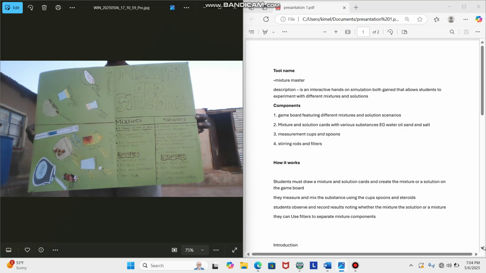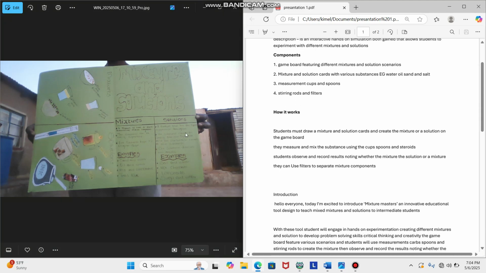So how does this project work? Mixture Master functions in the following manner. Students must draw a mixture and a solution card and then create the mixture or the solution on the game board. We can regard it as a game board where learners will be finding different types of pictures recorded as a mixture or a solution, and then you paste them.